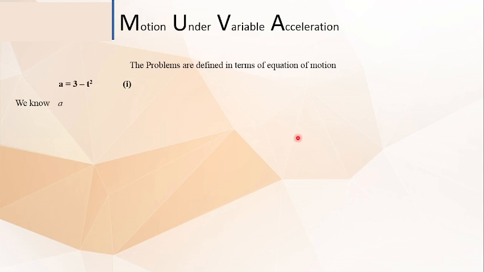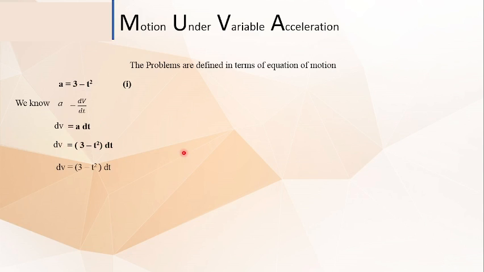Here we know acceleration is equal to dv by dt, so dv is equal to a into dt. If I integrate this on both sides, here dv is equal to a dt, where a is already defined. Now we have this generalized equation after substituting the value of acceleration.